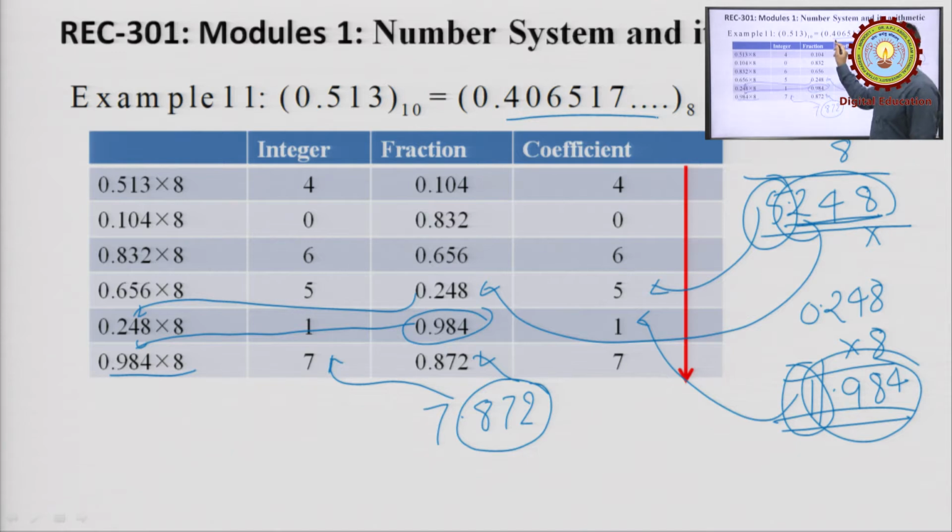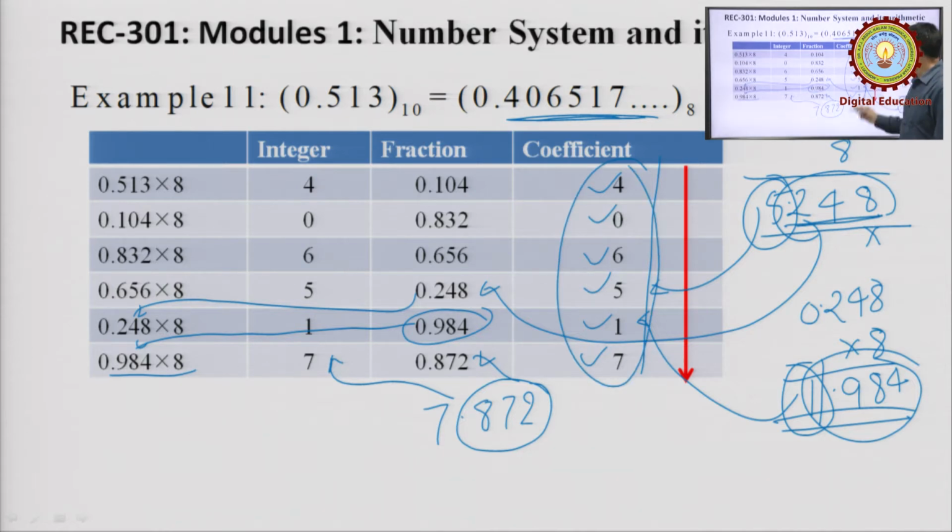In this question the answer is 0.406517, which means we have to go up to 6 digits. As we have the 6th iteration, 1 2 3 4 5 6, and we have 6 coefficients, we can stop.